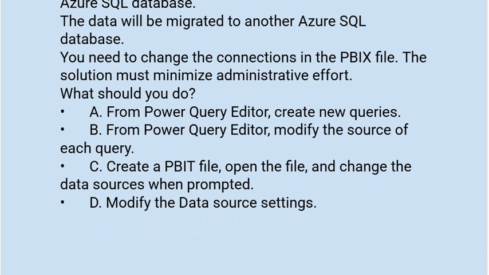Option A, from Power Query Editor, create new queries. Option B, from Power Query Editor, modify the source of each query. Option C, create a PBIT file, open the file and change the data sources when prompted. Option D, modify the data source settings.